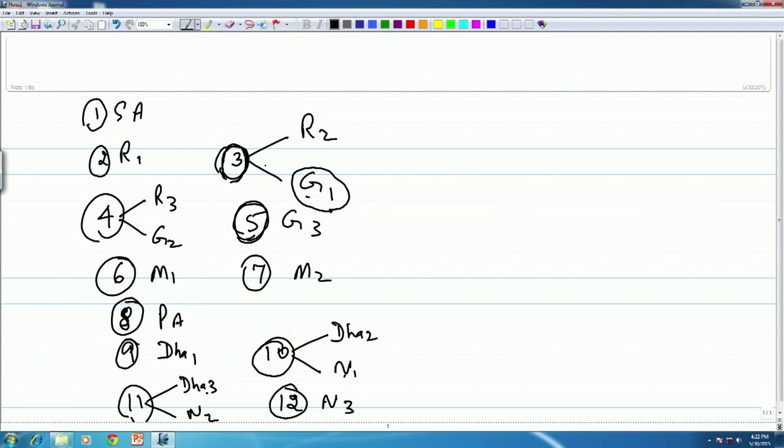We would never say sa ga ga, no, sa ri ga, because only in ragas or melakartas in which both swarasthanas occur do we call this a variety of G.